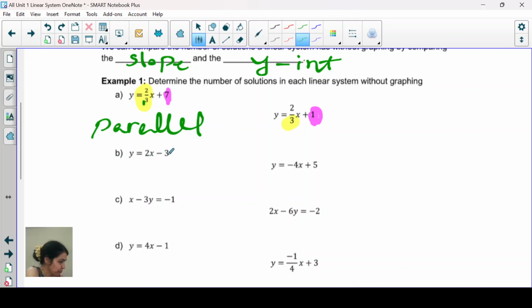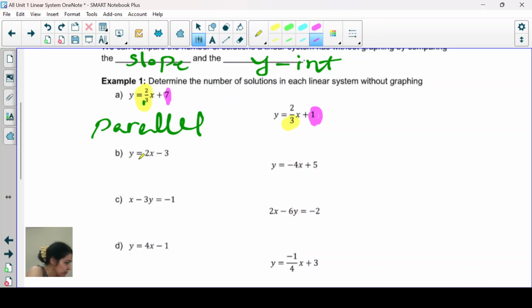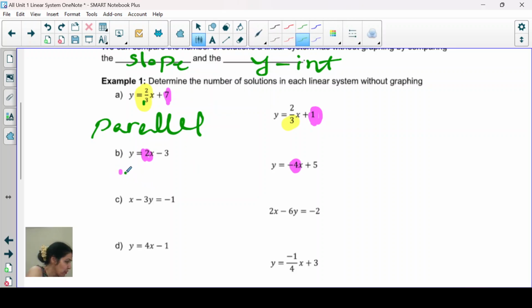These two, they have different slope, so they have one solution. So it is one solution.